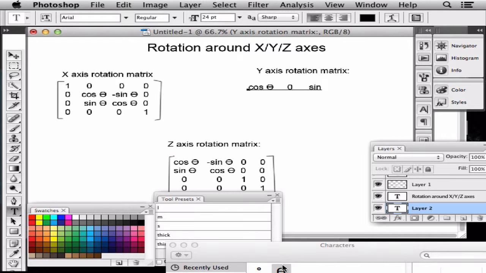So not minus here, but plus. Here then is the minus. Oh no, that's wrong. Here goes a 0 because we need the 1 at the y-axis. Here is the minus sine.